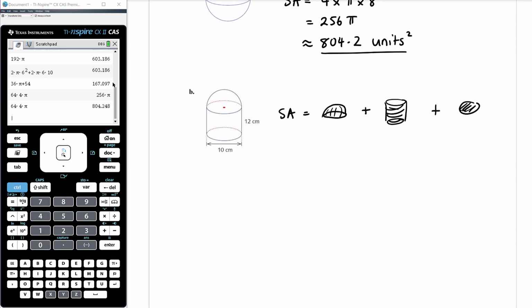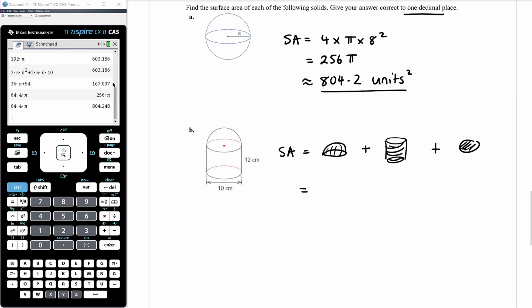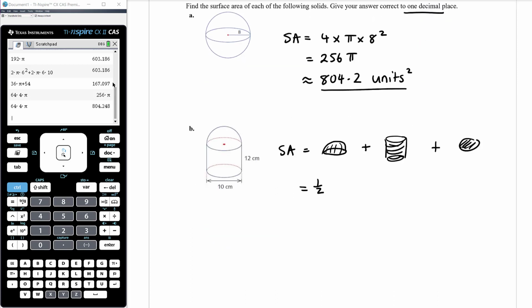Alright, so half of a surface area of a sphere, so the whole surface area of a sphere is 4 pi r squared, so we're going to have half of that, which essentially is 2 pi r squared. So half times 4 times pi times, now the radius is 5 squared, plus we have the curved surface of a cylinder, which is 2 pi r h, so 2 pi times the radius is 5, and the height of the cylinder is 12.